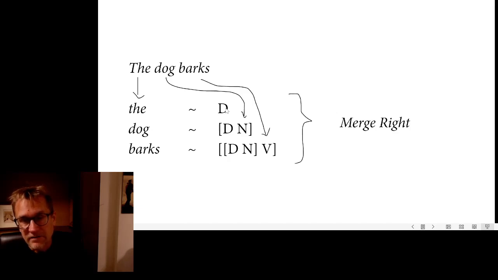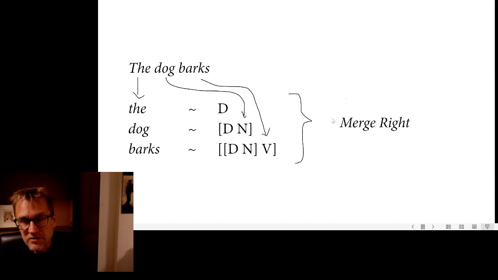So first we have the definite article. This is in our working memory. We consume the next word dog, and it's merged to the right of that primitive constituent representing the definite article. And then when we receive the verb, we will merge the primitive constituent to the right of the noun phrase that we had in the working memory.